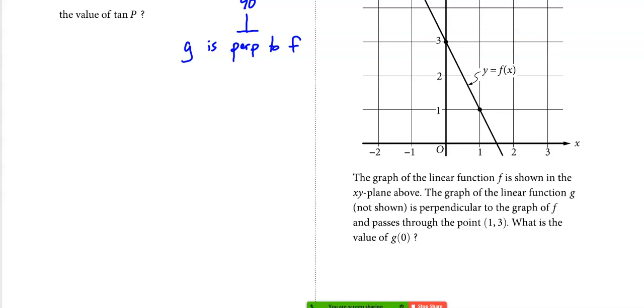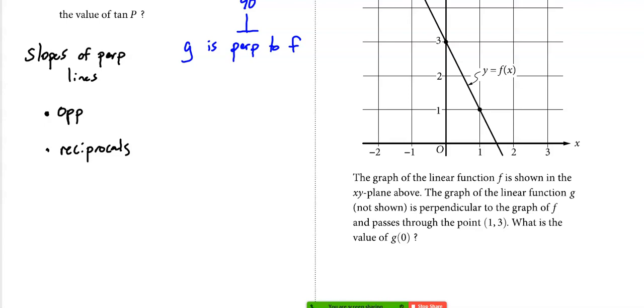Whenever they talk about perpendicular or parallel on the SAT, you need to think about slope. The slopes of perpendicular lines have to be what's called opposite reciprocals. I'll explain that in a minute, but you've got to do two things: be opposite reciprocals.